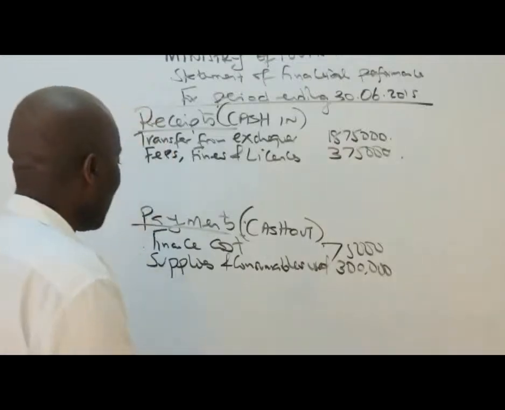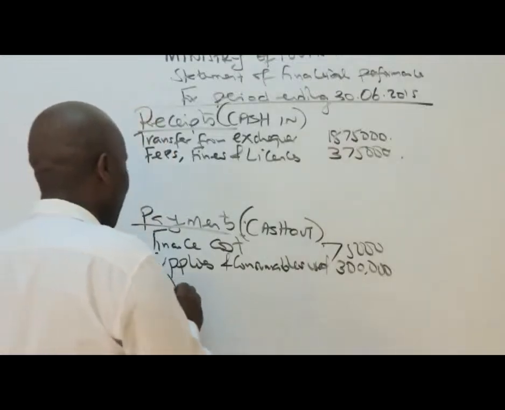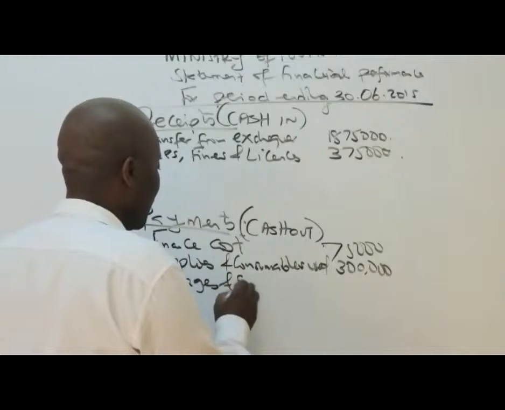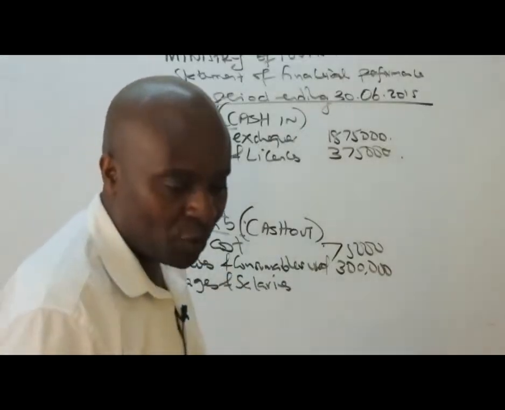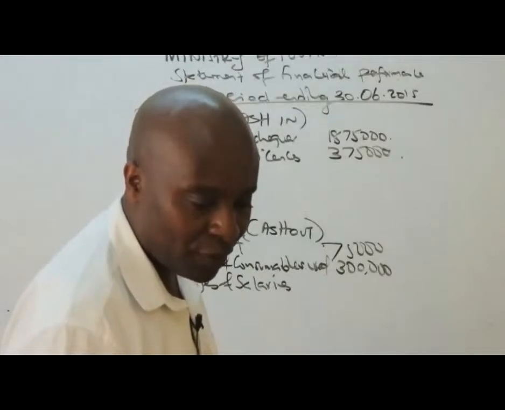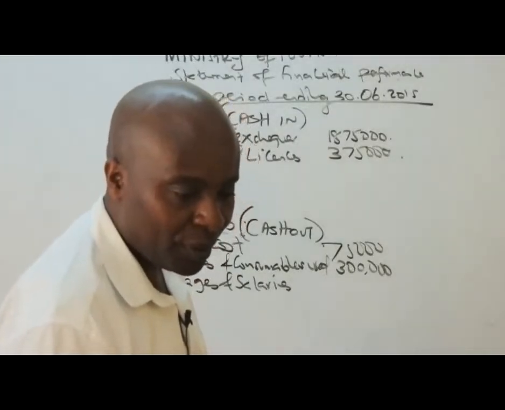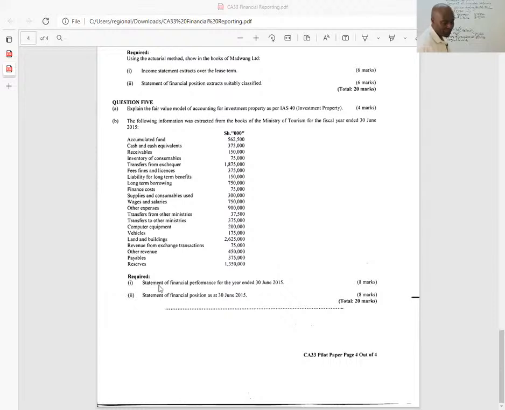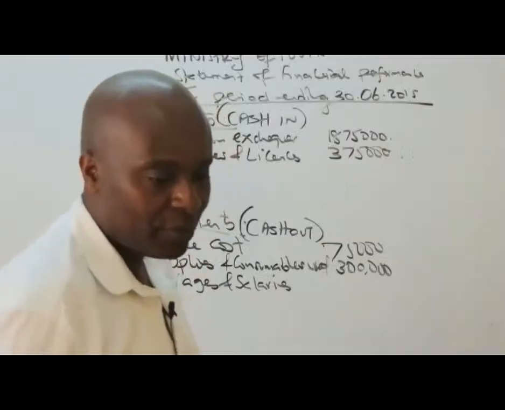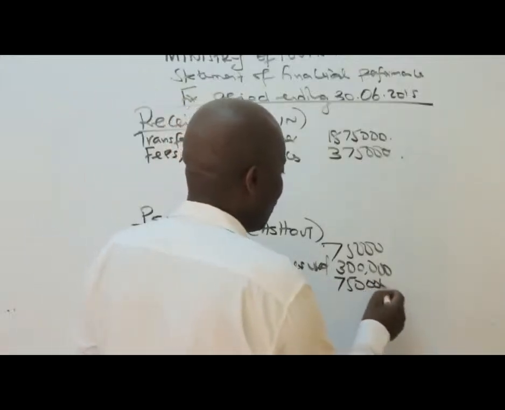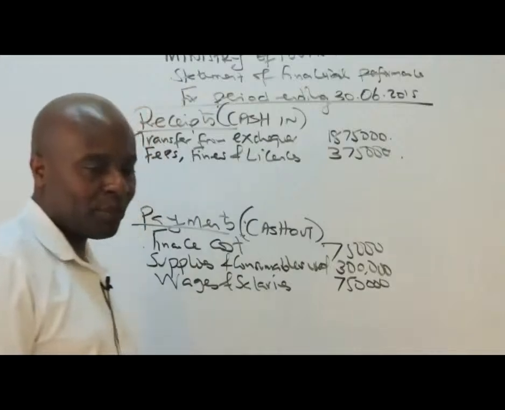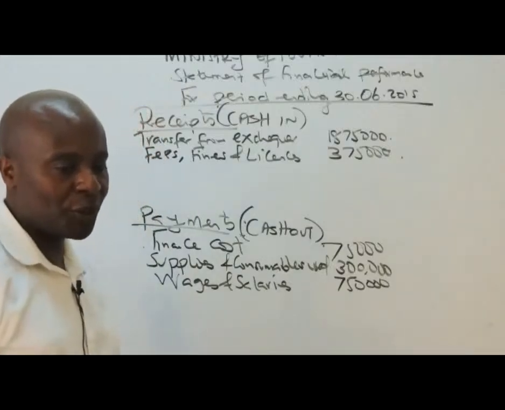So in this case, wages and salaries are a payment. They have given us a figure: wages and salaries, 750,000. Ensure that we get our figures right, so that our financial position will be able to balance.